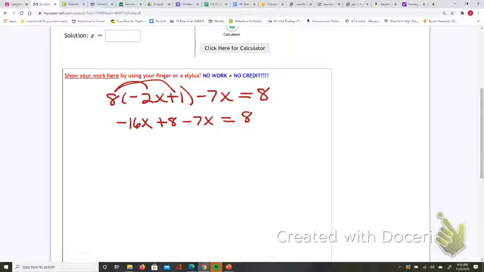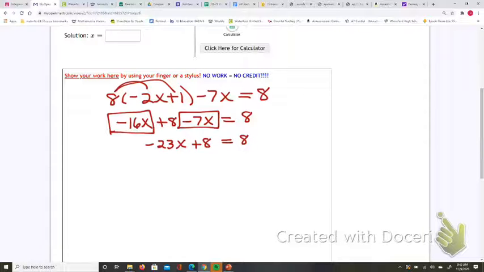Next, we combine like terms. We have negative 16x and negative 7x. So we have 16 negatives and then 7 more negatives. If they're all negative, we combine them. So we add them. We get negative 23x plus 8 equals 8.